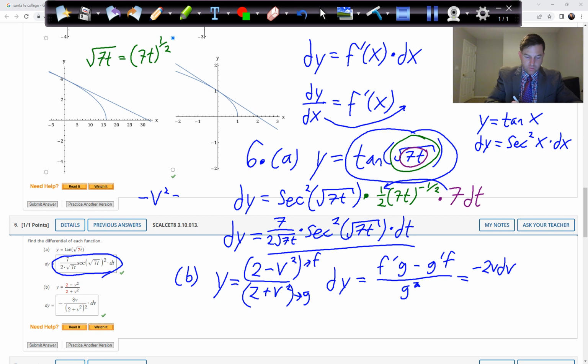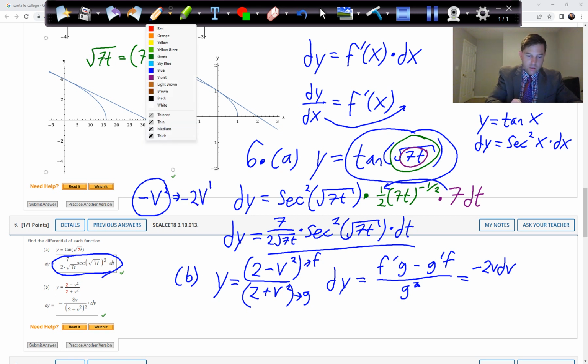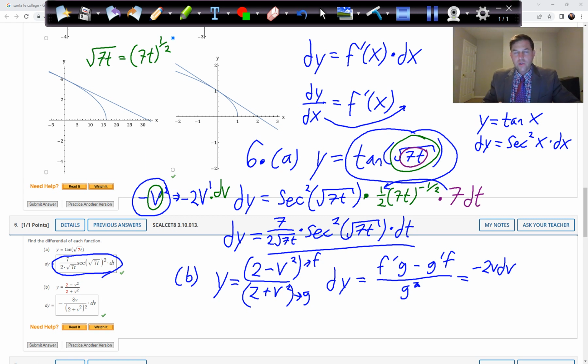Minus v squared becomes, the derivative of the outside says bring the 2 down, subtract 1 from 2, it becomes v to the 1. But then you take the derivative of the inside, which would be v, so it's times dv. So it is chain rule, but we're keeping that dv instead of calling it 1 like we did before.